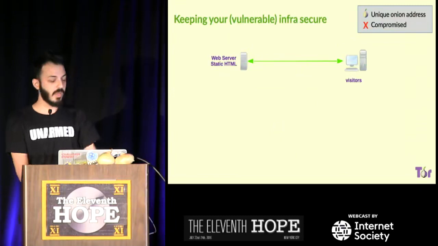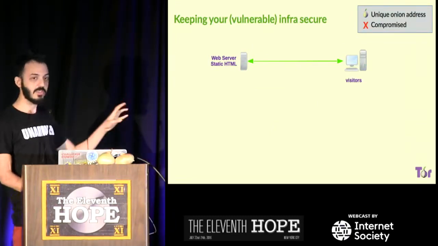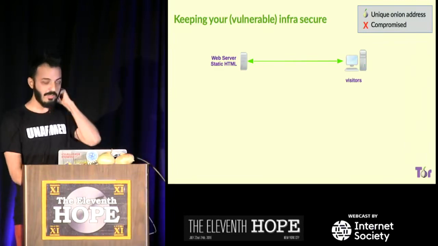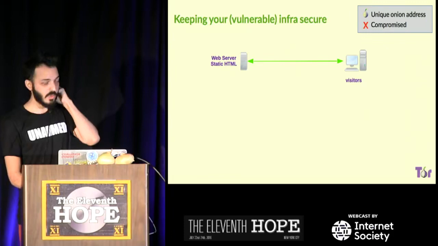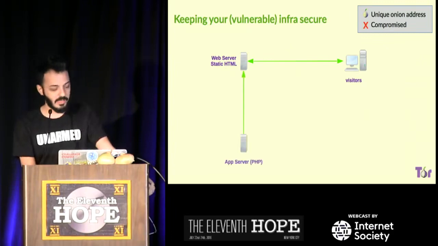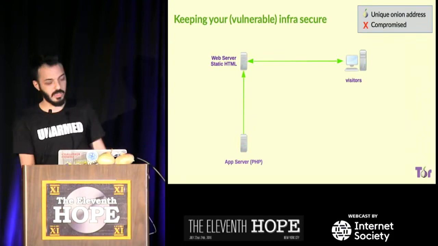I want to talk about a special use case that is based on a true story. It's already happening in the wild. Imagine you're running a website and doing things correctly, and that PHP website has the app server on a different VM.